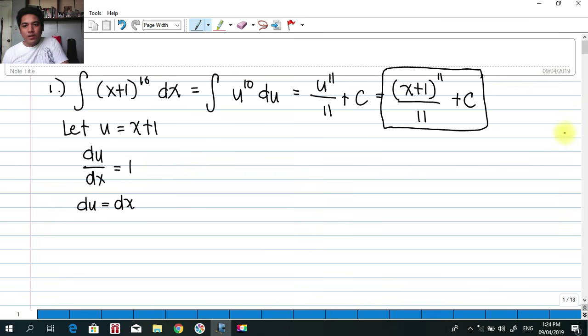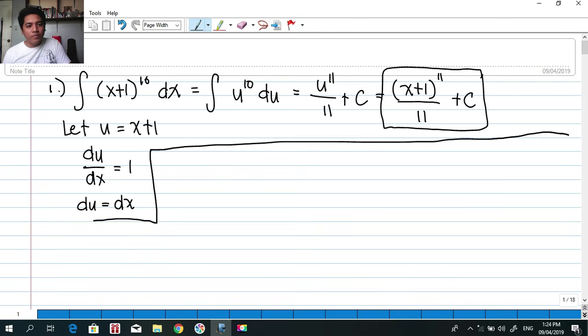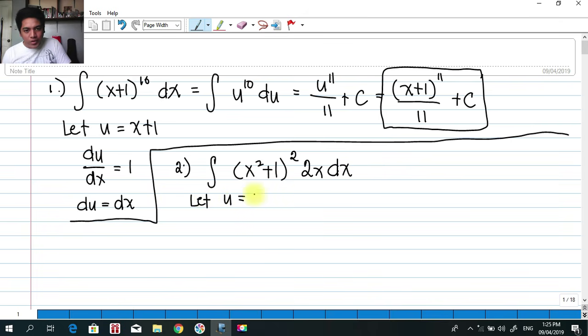How about the second example? We have the integral of (x squared + 1) squared times 2x dx. Same process: we let the integrand u equal x squared + 1.